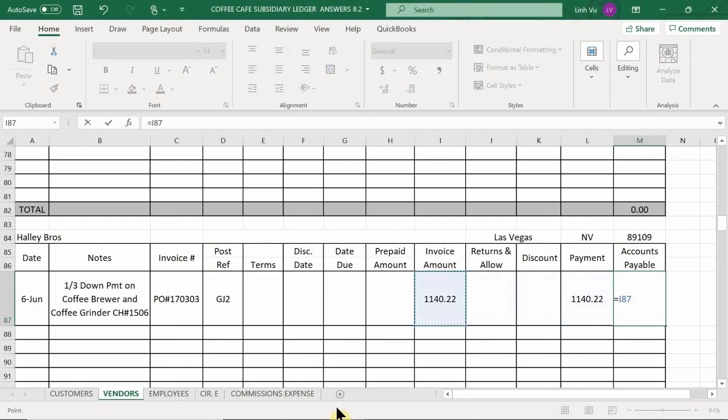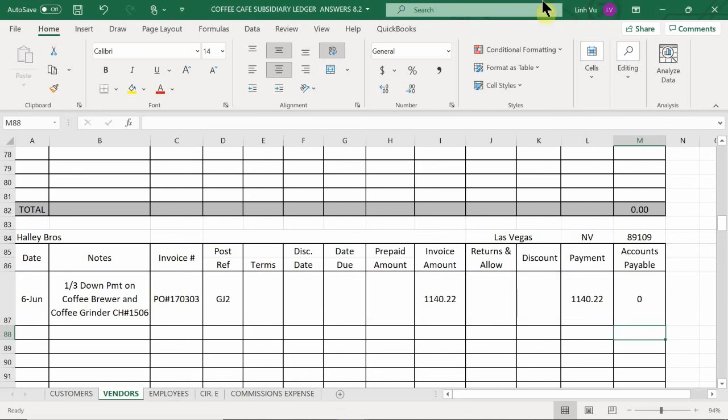So once again, the formula is going to be your invoice minus prepaid minus returns minus discount minus payments. So right now, you owe Haley nothing. In fact, they owe you money in case they don't ship out the items to you.